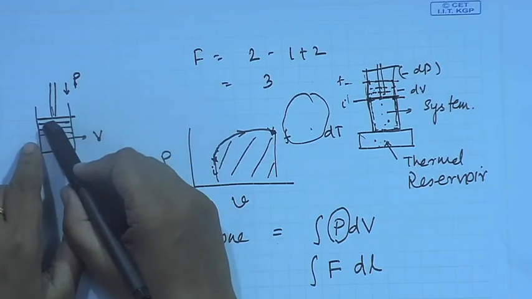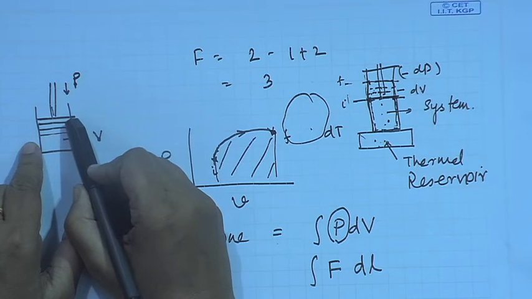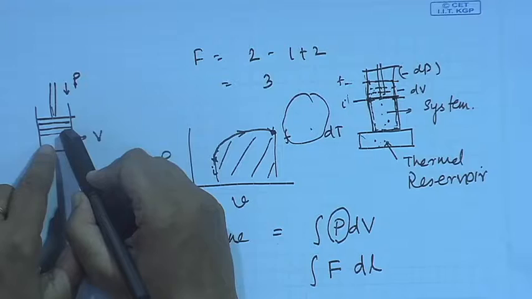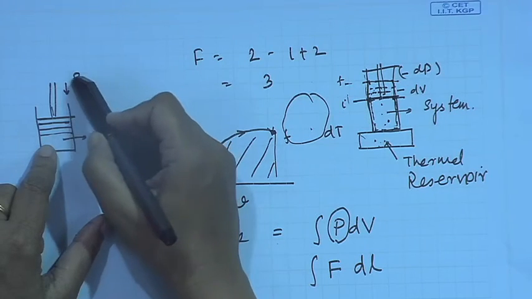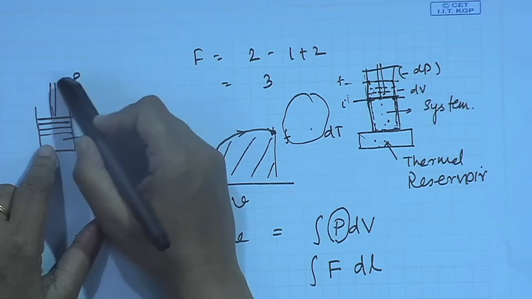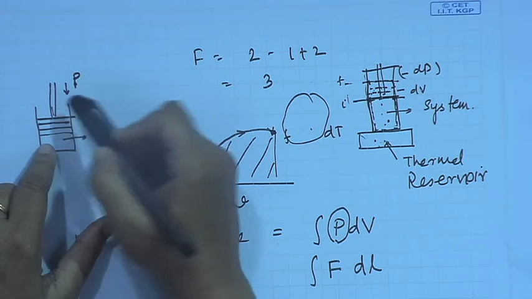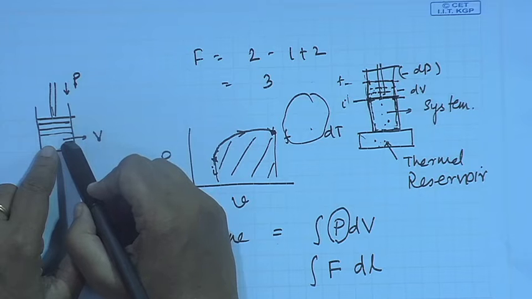Because the energy interaction is occurring across the boundary, which is a zero thickness interface between the system and the surroundings, and it occurs because the pressure of the surrounding forces a volume change inside the system.